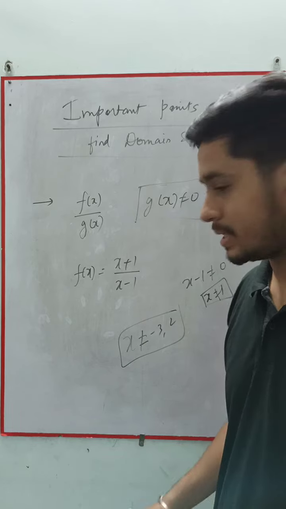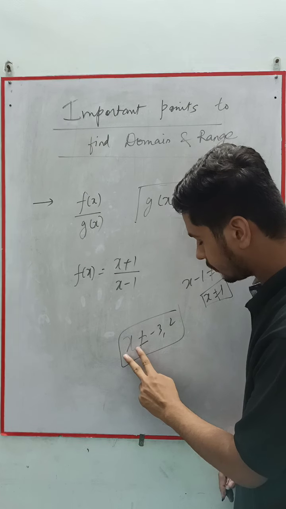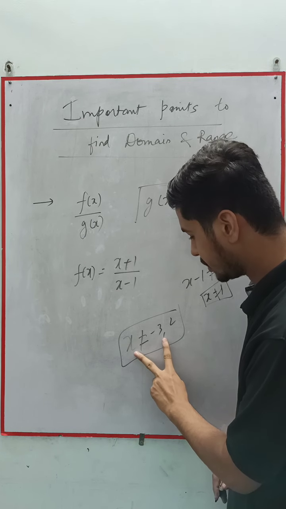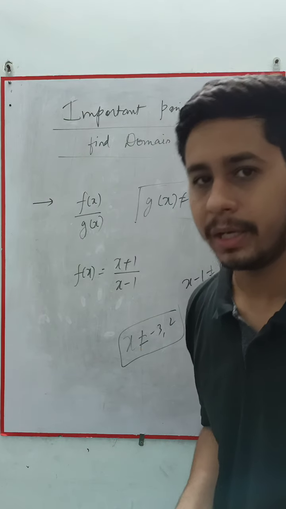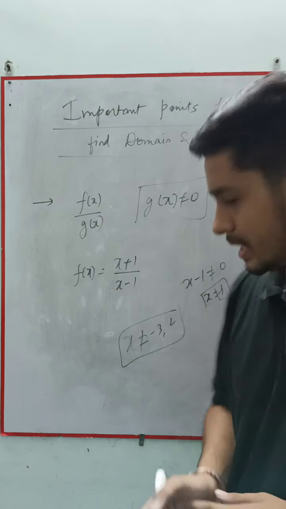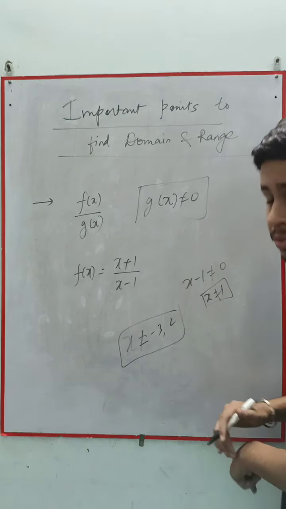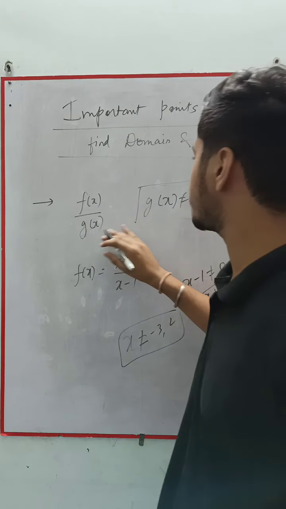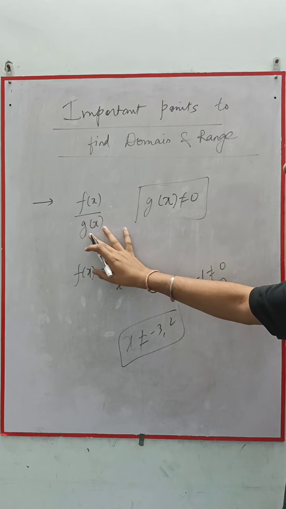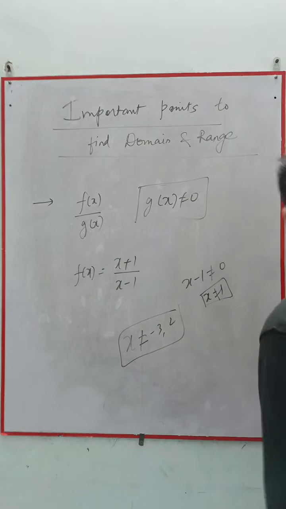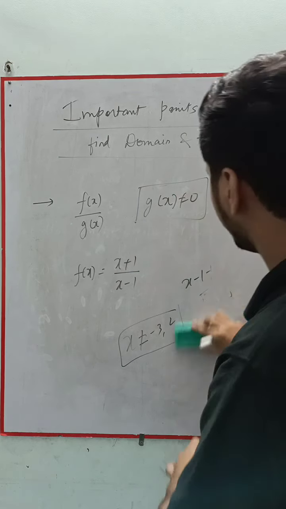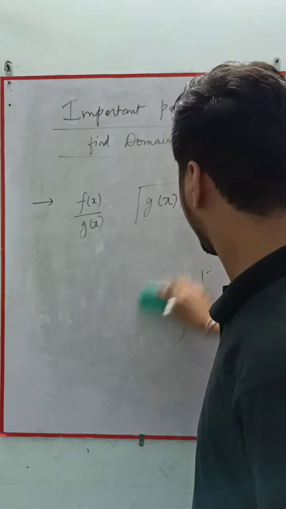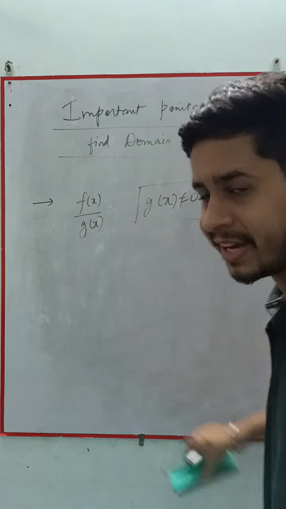So this is what they are saying, that this will give you a not defined result, an infinite result. That is why you have to exclude these values. So this is the very first point you need to remember: your denominator should not be equal to 0, because this will give you an infinite result, or we can say a not defined result.